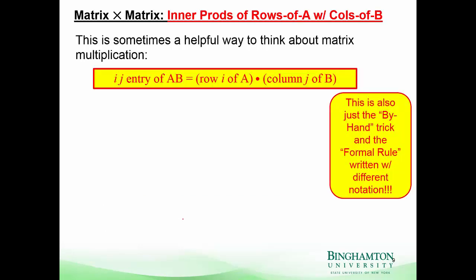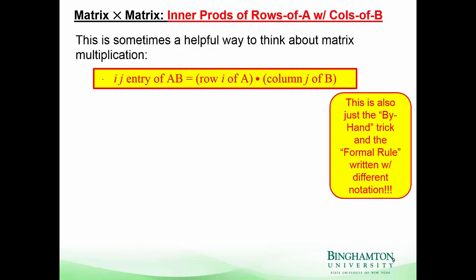So we already talked about this really in the context of the by hand trick. So really this is also just the by hand trick and the formal rule written with different notation. I mean, these are just different views of doing the same thing. It's not multiple different things. It's just different ways of thinking about it.